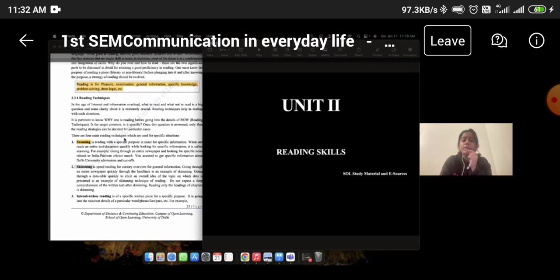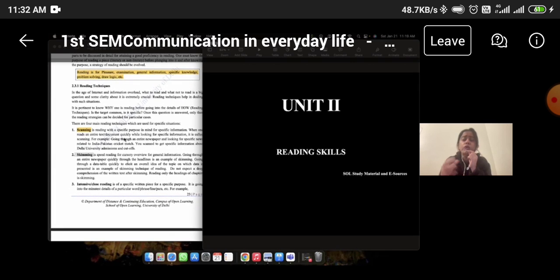Hence, understanding the technique of reading, sometimes when we have to just find out a specific piece of information, that would be called scanning. But even while we are scanning, we are only able to find that specific information when you are aware of the title of the work, the context of the work, what has been said by the writer, what this piece is about, and what the major argument is.